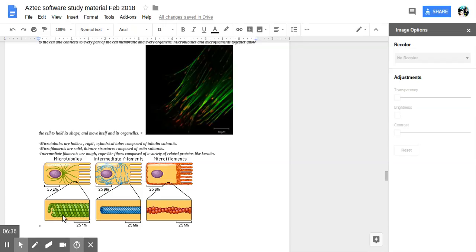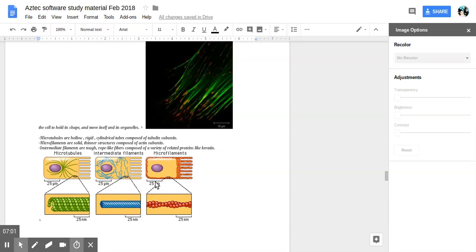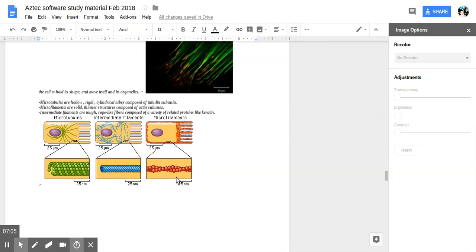Obviously it's much wider, each cylindrical subunit. Intermediate filaments are thinner, and so they're measured in nanometers, which is a very tiny measurement unit, and microfilaments are more on the exterior of the cell.